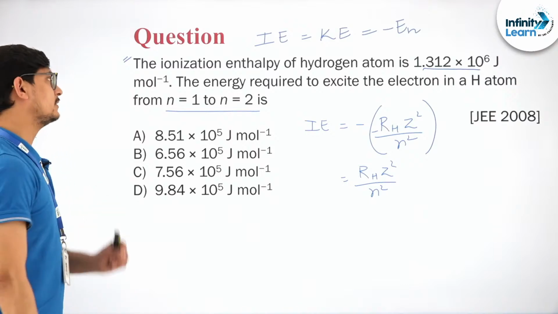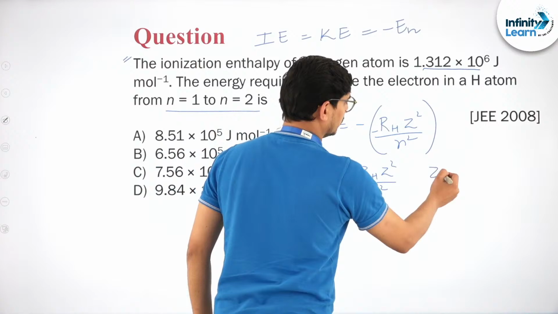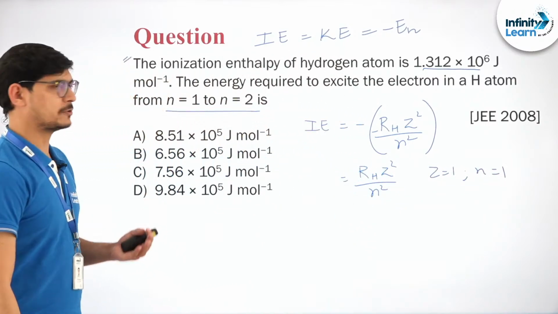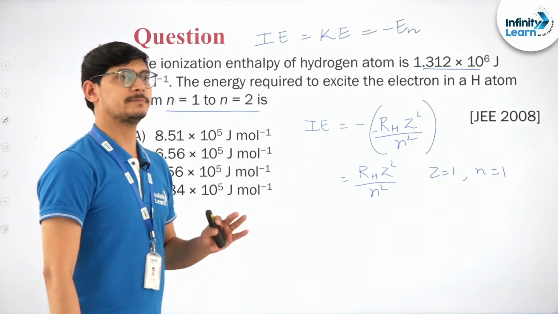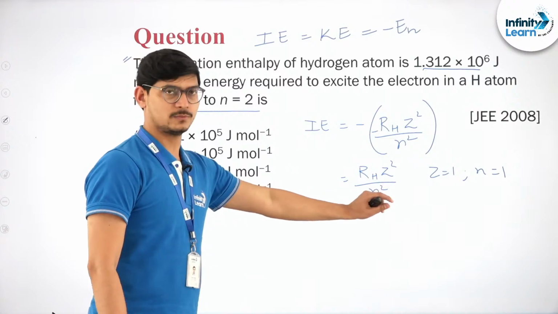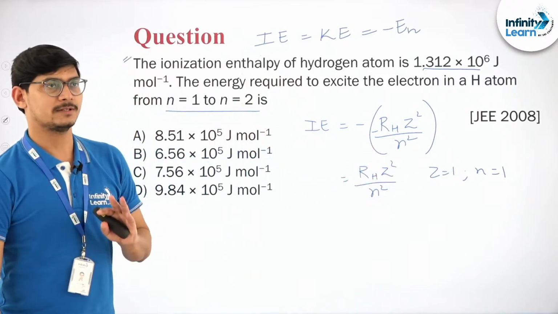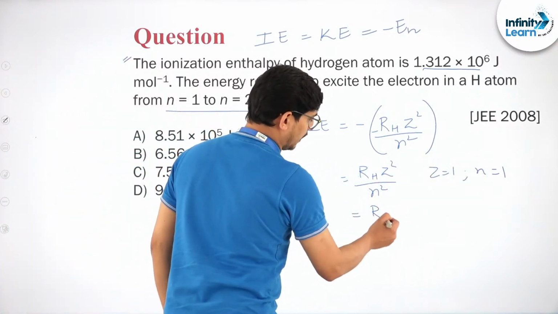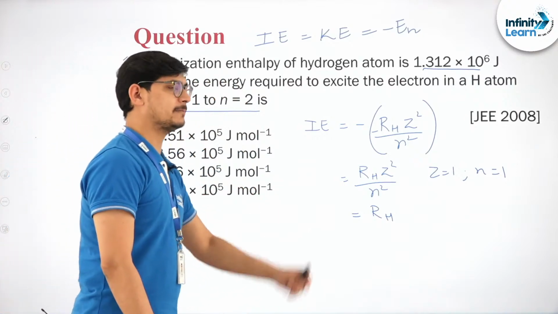The ionization enthalpy of hydrogen atom, so Z will be 1 and n will be 1, right? Because we assume that in a hydrogen atom the electron is present in the ground state. Is that clear? So the value of n is 1, and for hydrogen atom atomic number is also 1. Right? So Z is 1, n is 1, it is equal to RH. Ionization enthalpy is nothing but equal to the Rydberg constant.